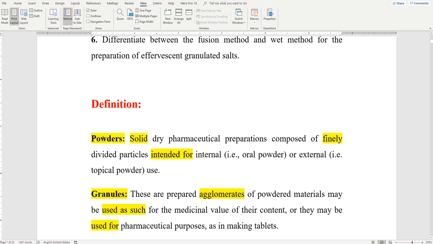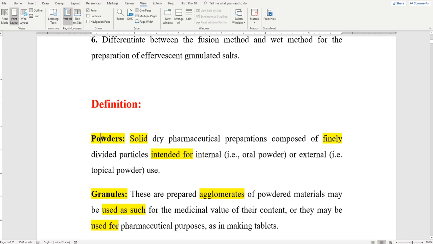Now, first, and this will allow you to imagine what we are talking about, first we define it as solid. So now it's not liquid, it's a solid, dry pharmaceutical preparation, so it's in the dry form, it's not wet, and it's composed of finely divided particles. Now I can imagine how it looks like.